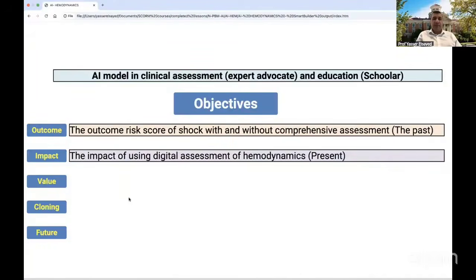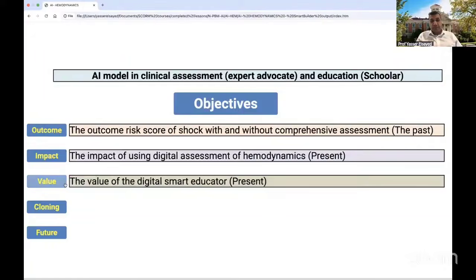We based these digital models on the Smart Builder software that I'm using in my presentation, or on different other calculator software. And one of them is available on the App Store, which is the Integrated Hemodynamics Calculator. Anyone can use it. It's available only on the App Store. And I will show you how we created that also during the presentation.